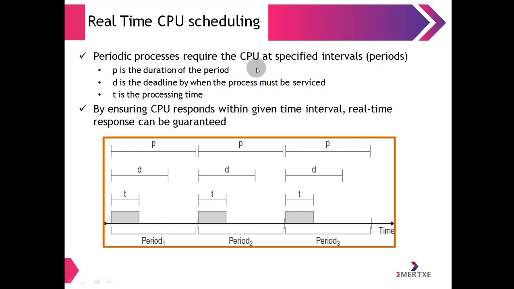Suppose the periodic process requires the CPU at specified intervals. P is the duration of the total period. D is the deadline by when the process must be serviced, and T is the processing time. So this is the processing time, this is the deadline within which the process must be serviced, and P is the duration of the total period. This is the real-time CPU schedule. By ensuring the CPU responds within the given time interval, the real-time response can be guaranteed.